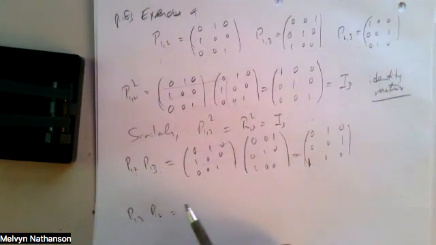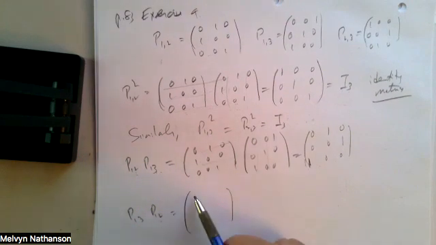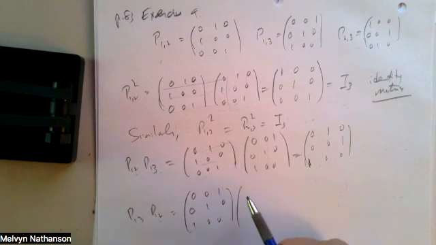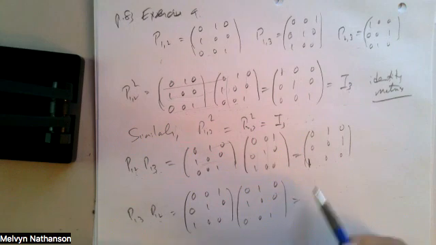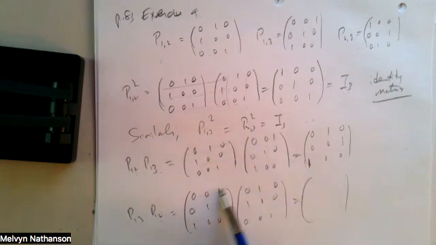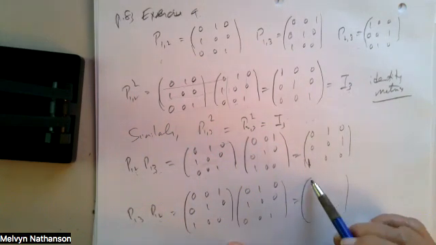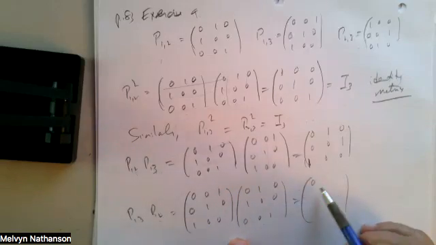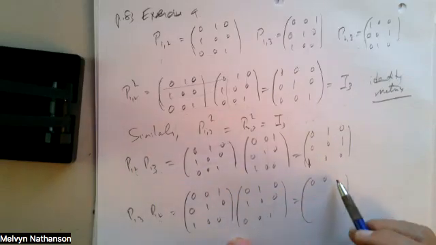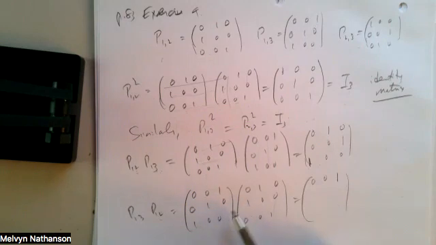What about P13 P12? So P13 is this matrix. P12 is this matrix. What do I get? First row into the first column is 0. First row into the second column is 0. First row into the third column is 1. Second row into the first column is 1. Second row into the second column is 0.